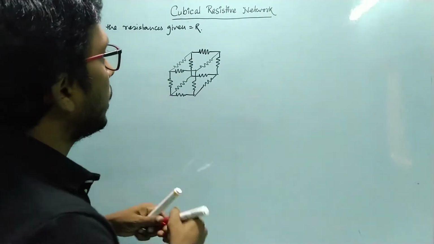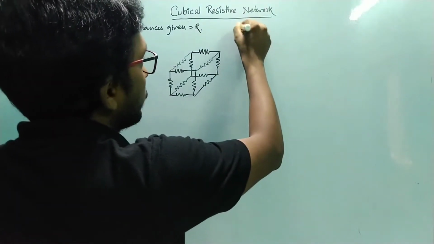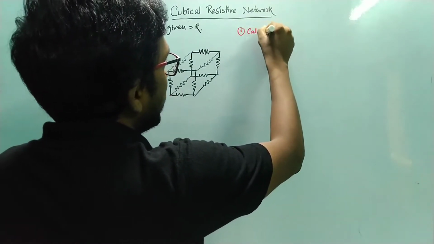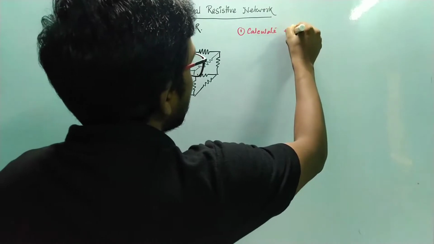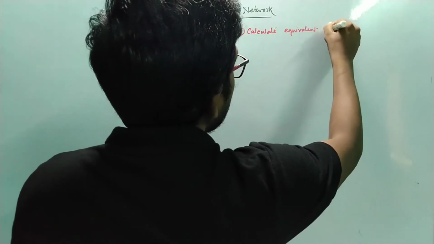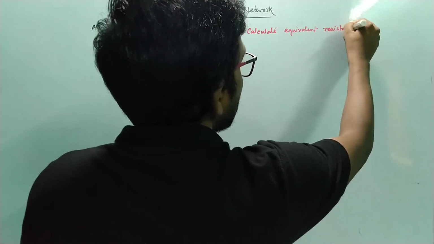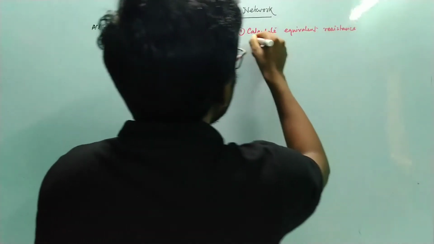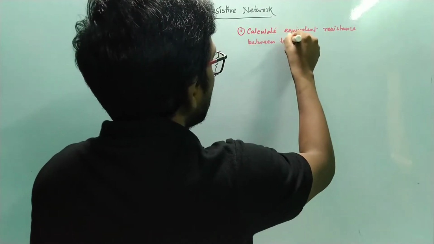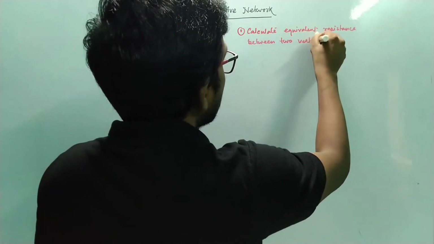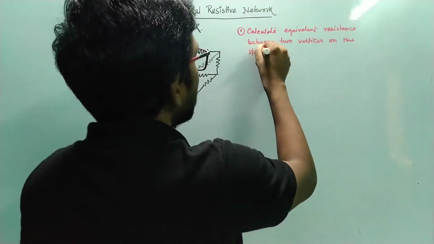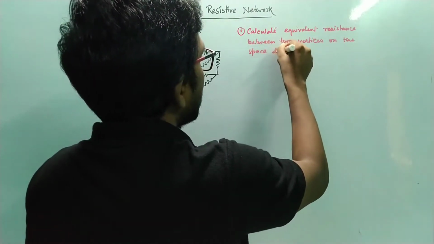That is, first what I have to calculate is the equivalent resistance between two vertices on the space diagonal.